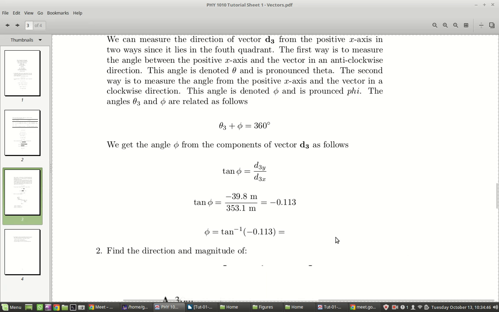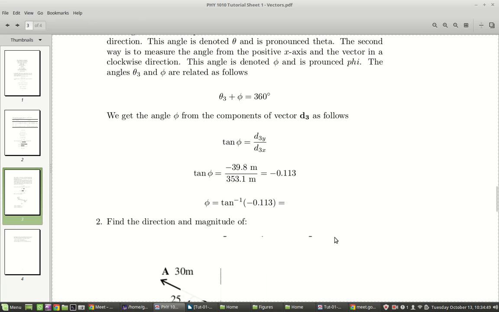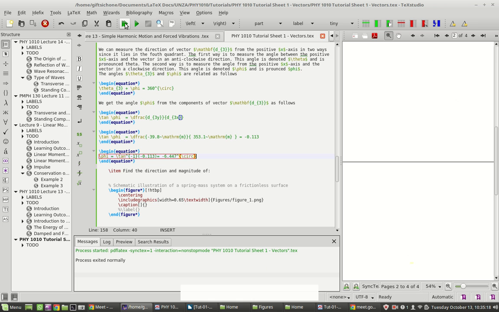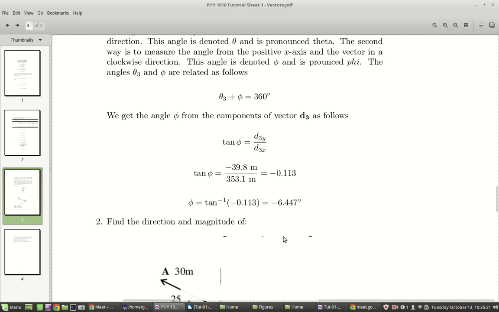How much is this? 6.447. Is this correct?